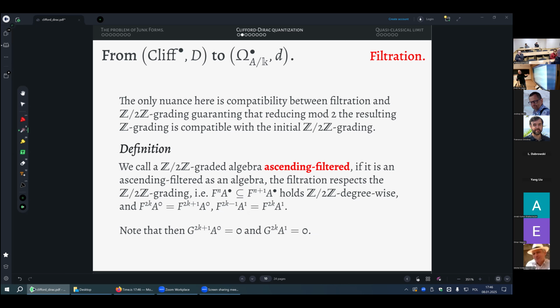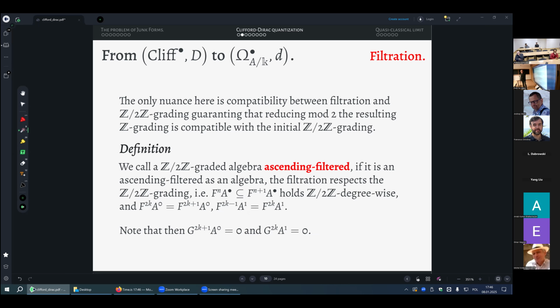First of all, it is an ascending filtered algebra, nothing new. The filtration respects the Z2 grading, which means that these consecutive containments are fulfilled degree-wise, Z2 degree-wise, which is natural.